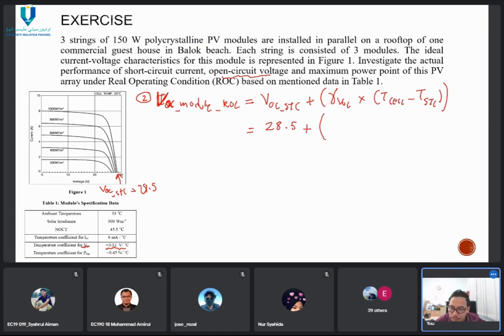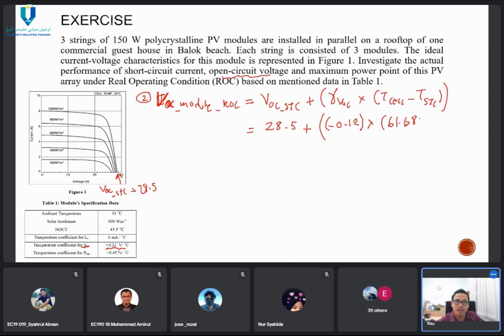Berapa tu? Minus 0.12. Okay, minus 0.12 tu okay lah, because in volt. Kalau if given in millivolt, then you need to divide with 1000. For this case, no need to divide with anything.